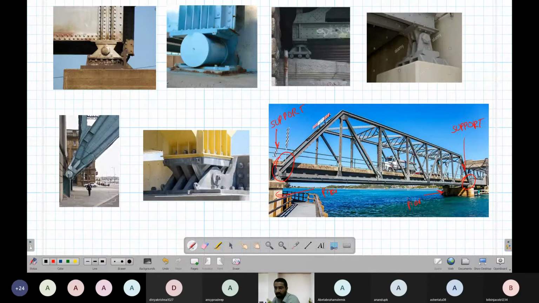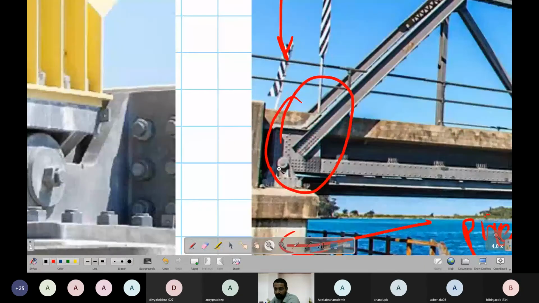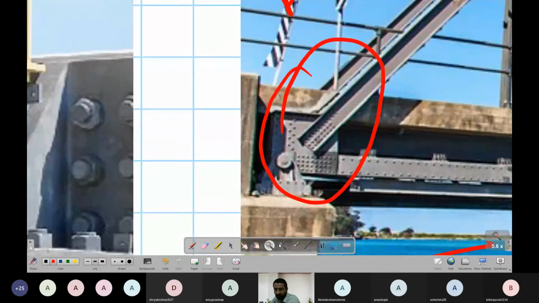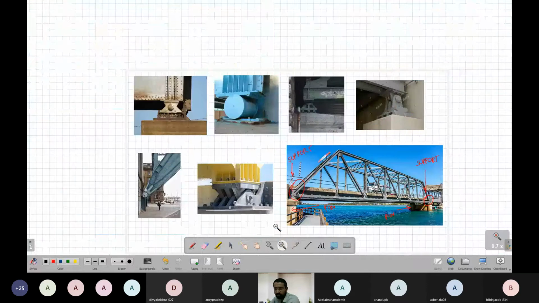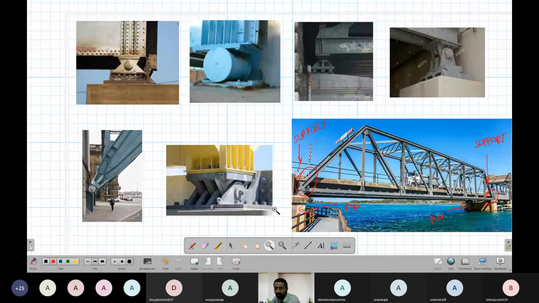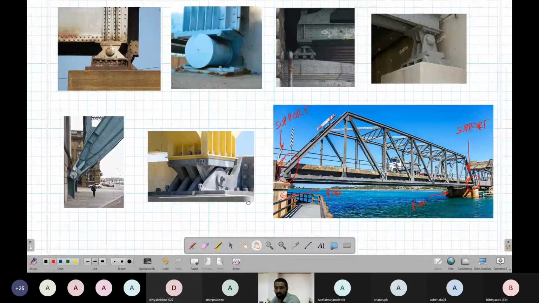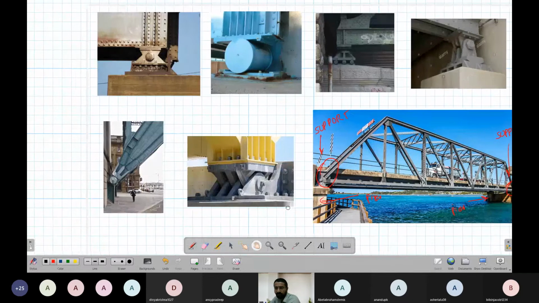Okay, so this is a real case: a stone wall bridge, with people walking around. Now, what is this support? If you observe this support, I don't know whether it is visible. You can see this support here. It looks something like this or this.